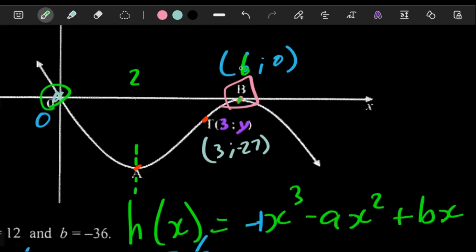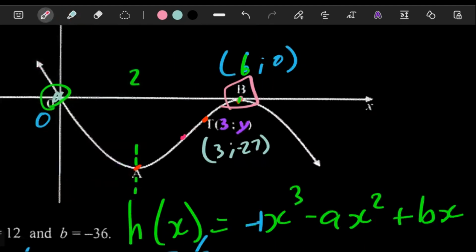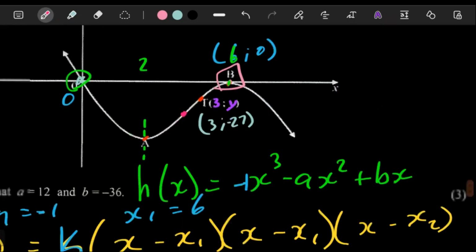In between 2 and 6 is 4, because in between the x values of your turning points, that's where the point of inflection is. And the point of inflection is where your concavity gets split up. One side that's smiling is concave up. One side that's frowning is concave down. So t is on the side that's concave down.